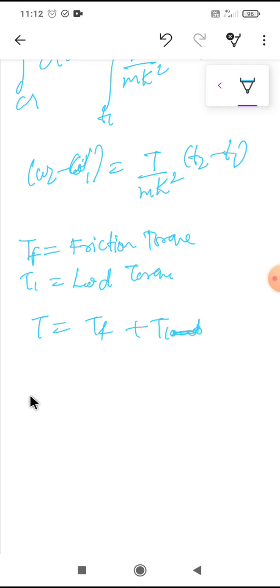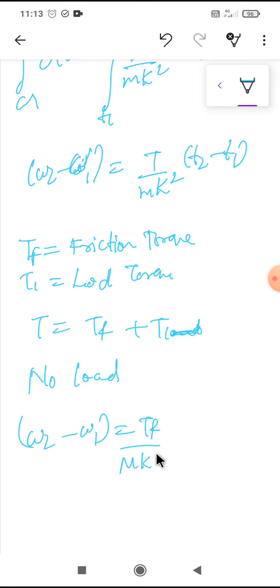So first, when there is no load, omega 2 minus omega 1 will be equal to Tf, that is the friction torque, divided by mk square into T2 minus 0. The initial time is taken as 0, so T1 is equal to 0, and T2 is the time taken at no load condition.